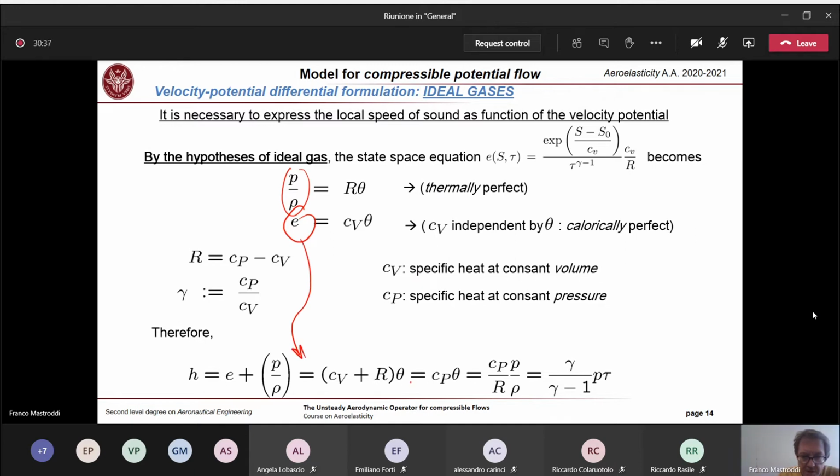And we have this, of course, as a function of theta. And again, if you use this again, we have this, and therefore we have this final formula for H.